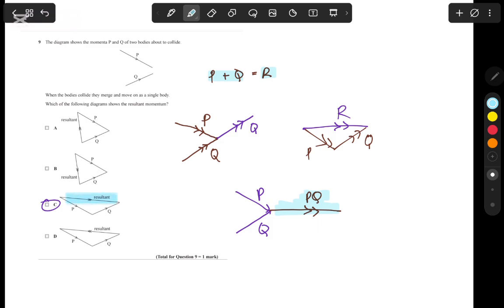And this really connects to the principle of conservation of momentum. The total initial momentum must be equal to the total final momentum. So when we're talking about the resultant, that's the total momentum, right? So that initial resultant momentum must be equal to the final resultant momentum as well. So they both got to be the same thing. Okay, so keep that in mind as well.